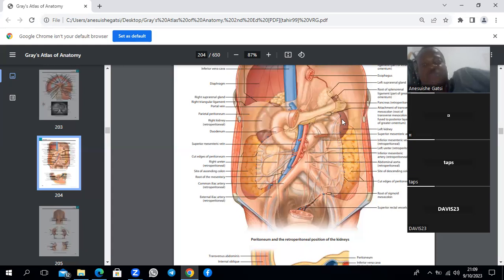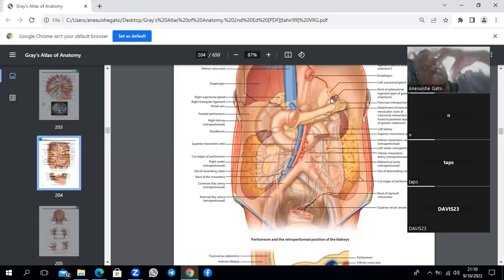And if you look at this picture here, you can see that they actually differ in terms of the upper poles, right? So the right kidney is slightly lower than the left. Why? Because of the larger right lobe of the liver.